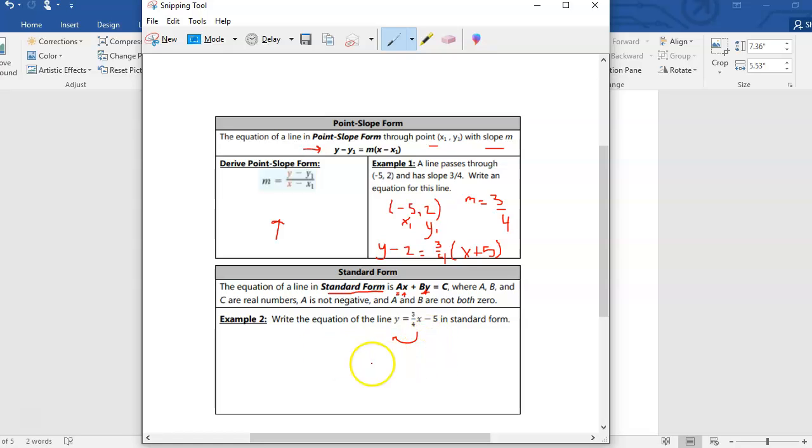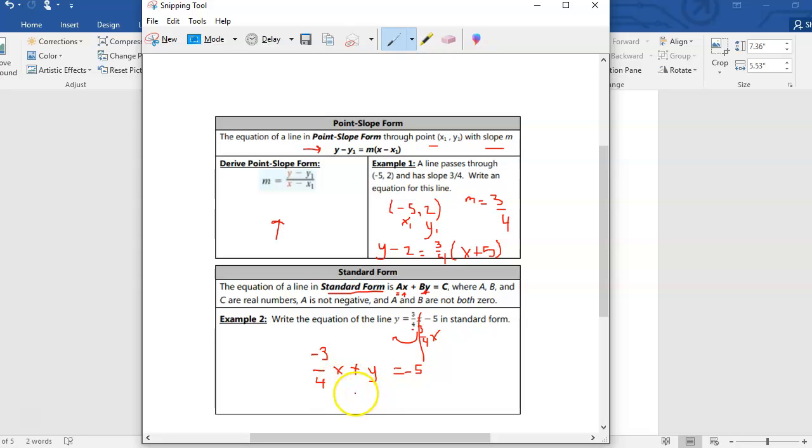So if I got to do that, that means I got to subtract this value. So I would have a negative 3/4x plus y equals -5. And all Miss Bennett did is she just canceled out the negative 3/4x from the right side, so it could cancel, and she moved it to the left side of the equation.